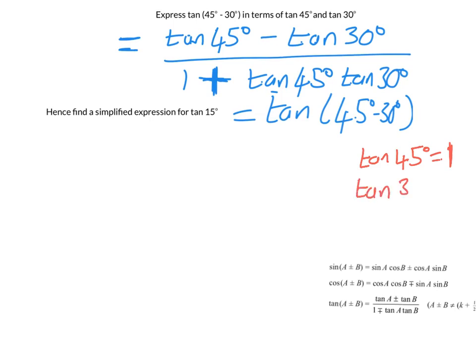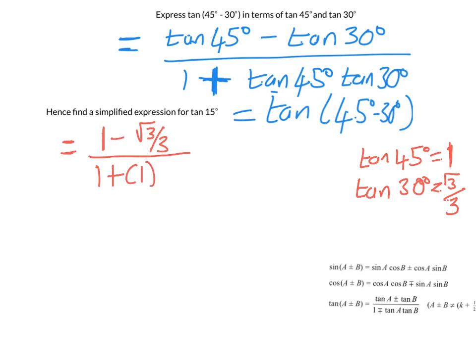Tan of 30 degrees is root 3 over 3. So we've got tan 15 must be tan 45 minus tan 30: 1 minus root 3 over 3 over 1 plus 1 times root 3 over 3.